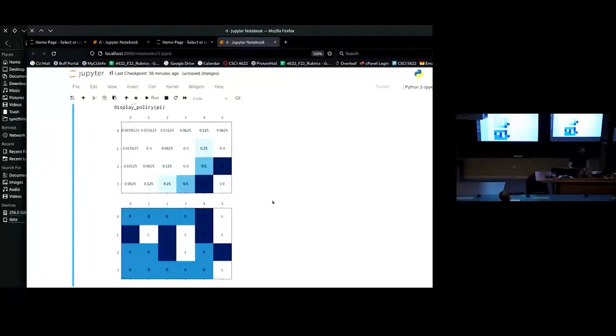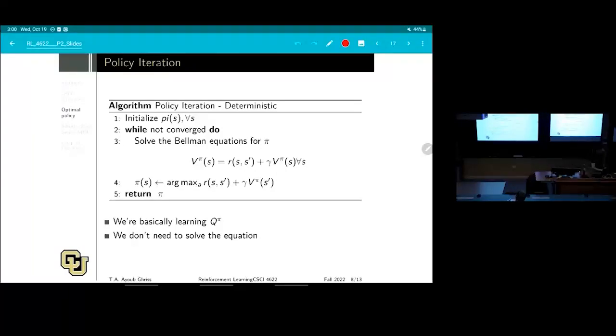All right, let's go back to some theory. In policy iteration, we're trying to learn the policy directly, because I forgot here a symbol of LaTeX, which should be pi there.